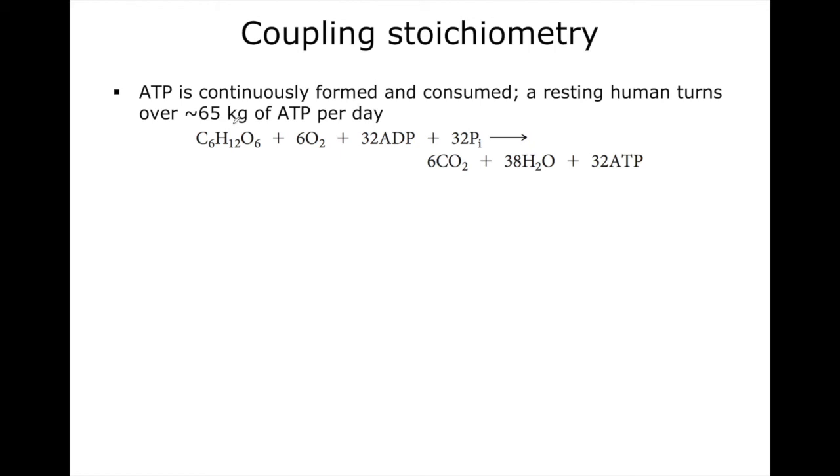That is amazing. So the equation we're looking at here is an overall chemical equation for carbohydrate metabolism. Essentially, what we're looking at here is C6H12O6, that's glucose, reacting with oxygen, producing carbon dioxide and water, and we can also take ADP and phosphate and produce 32 ATPs.